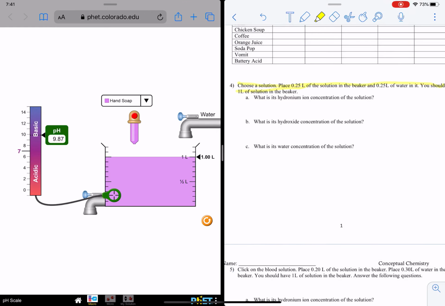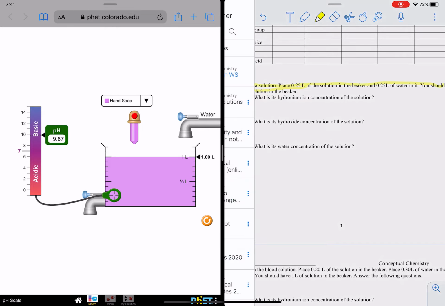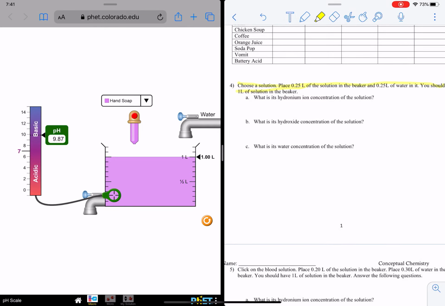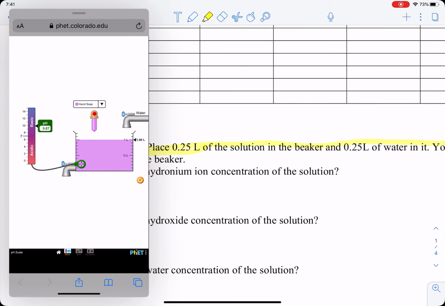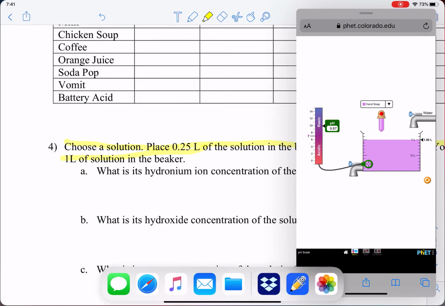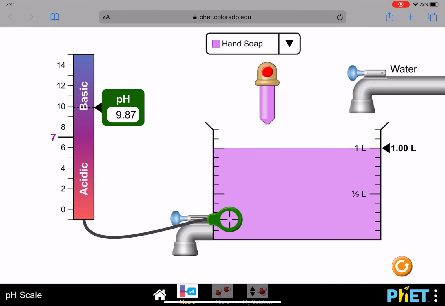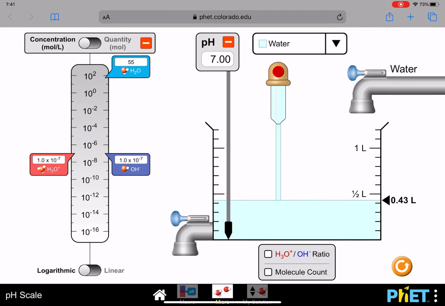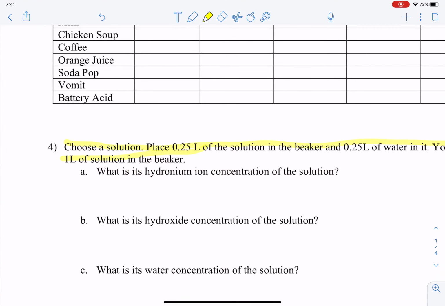From that, we can find the hydronium ion concentration, hydroxide concentration, and water concentration. For this, we need to go to our micro example, so let's go back to Notability.